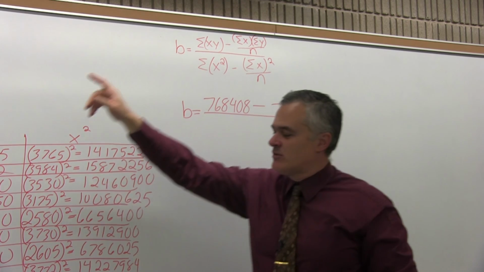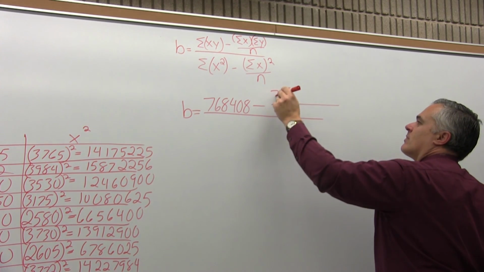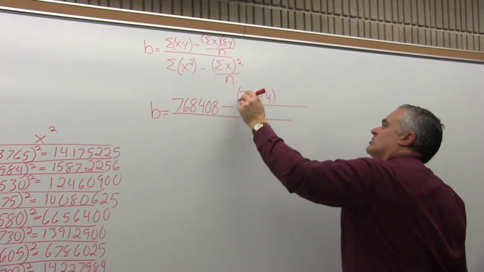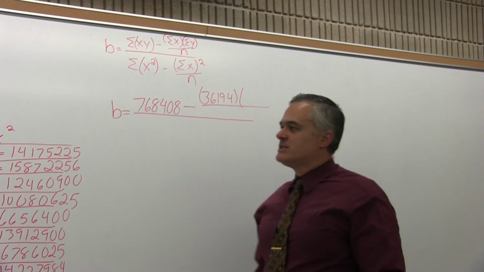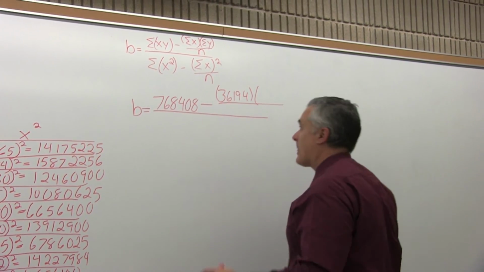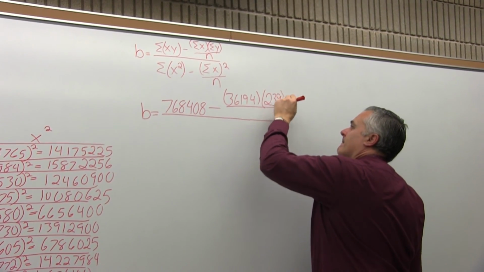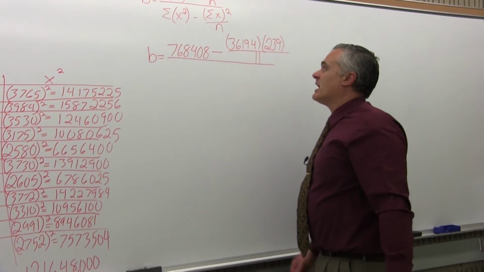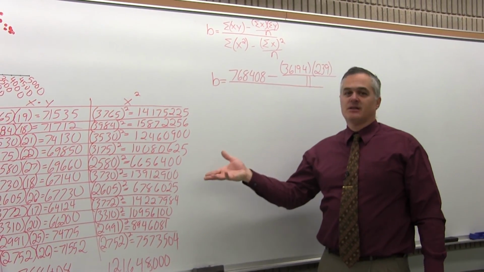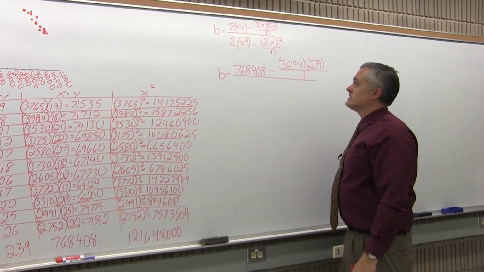So total of x, total of all the car weights is 36,194 pounds. Times total of y, total of all the gas mileages, my y column. Total is 239. That'll also be over 11. 11 is how many data points you have. In this case, it's 11. They tested 11 cars to compare the weights and the gas mileages.